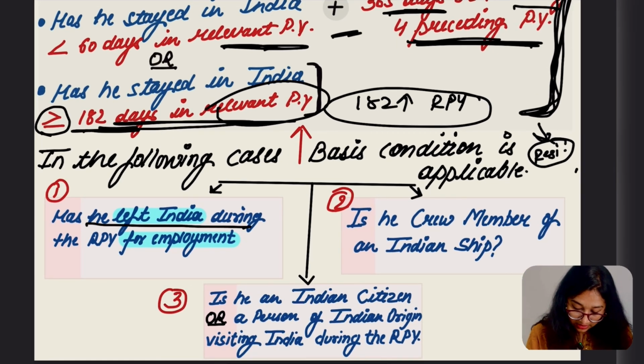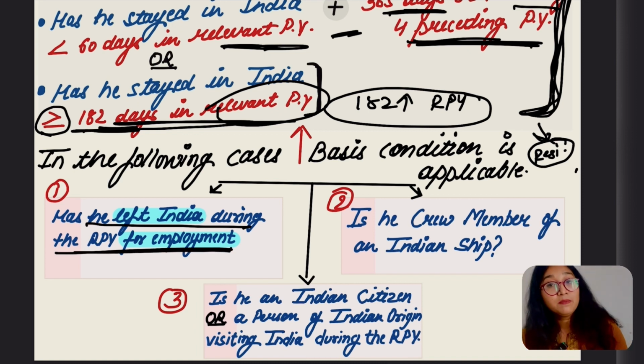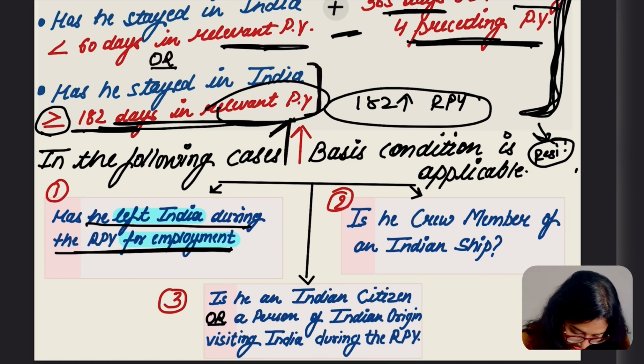Has he left India during the relevant previous year for employment? If the individual has left India for what purpose? For either employment purpose or business purpose. Then we will go for only this condition.